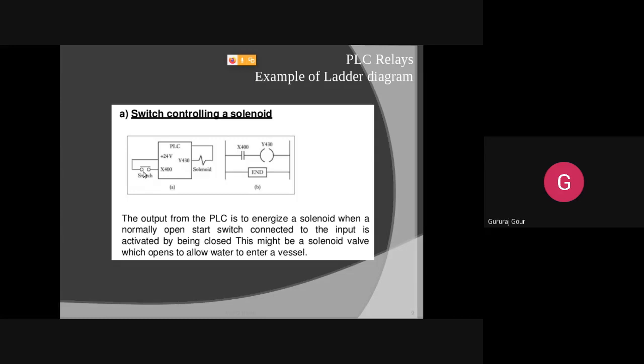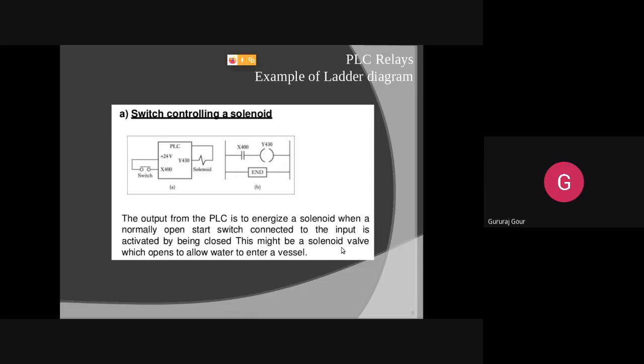Till that it is opened. That's what is known as normally open. Normally open means before applying the input, it is normally open. Start switch means when you apply the input, it will be closed. Then it is started. Connect to the input is activated by being closed. So when you apply the input, it will be closed.